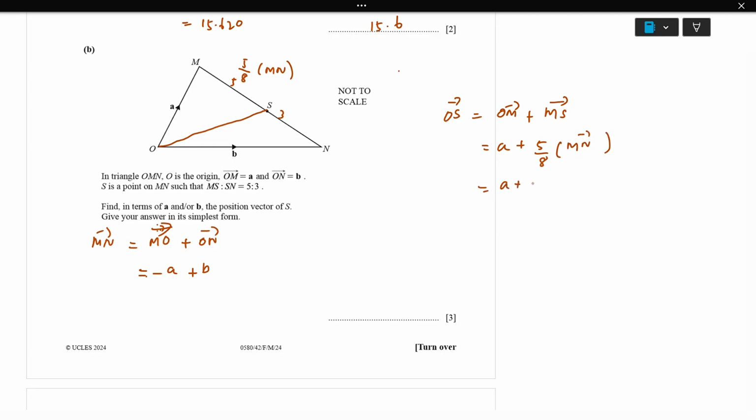Next line: A plus 5 by 8 of MN, which we already got, minus A plus B. Expanding: A minus 5A over 8 plus 5 by 8 B. I'll take the LCM: 8A minus 5A, which is 3A over 8 plus 5B over 8. So that's our answer: 3A over 8 plus 5B over 8.